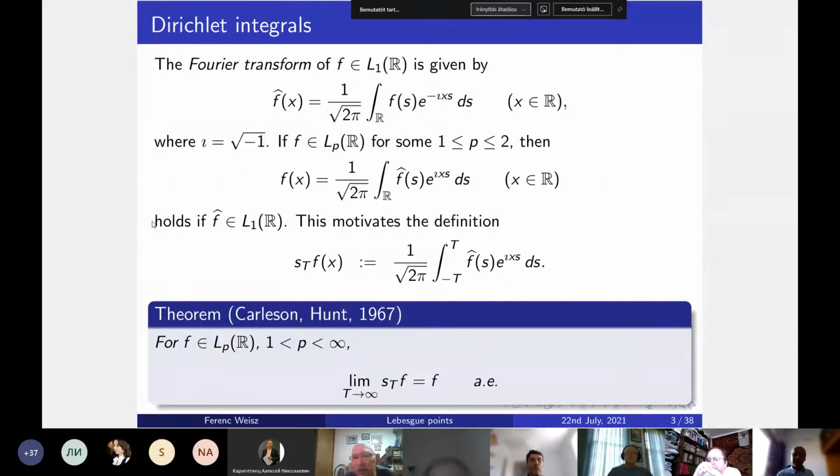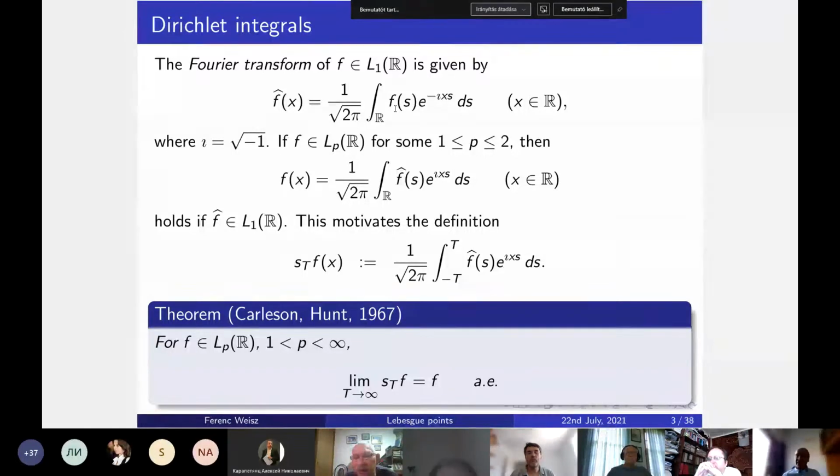First, let us see the one-dimensional theorems, and I will generalize these theorems for higher dimensions, or in this talk for two-dimensional functions. So for a one-dimensional integrable function f, this is the definition of the Fourier transform, the usual definition.